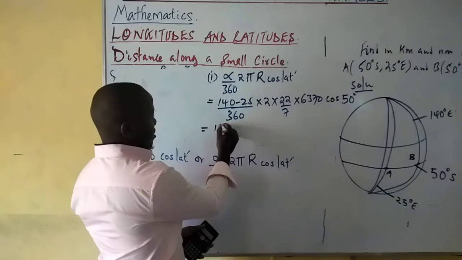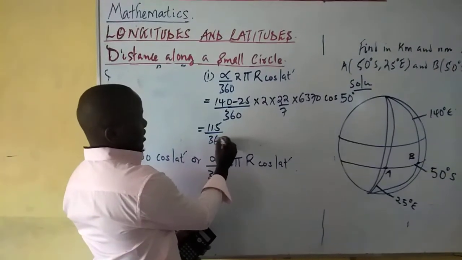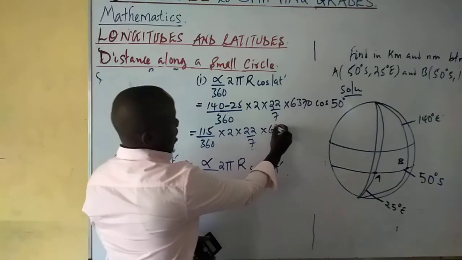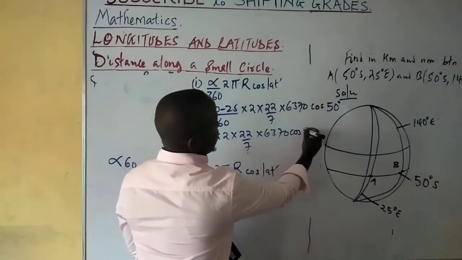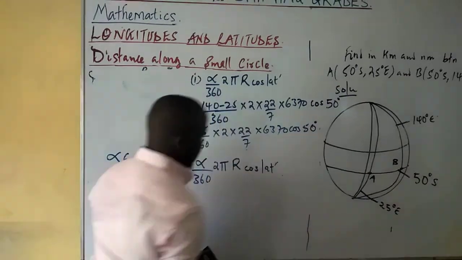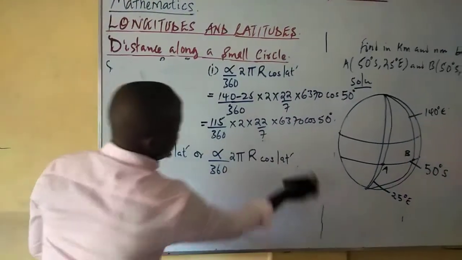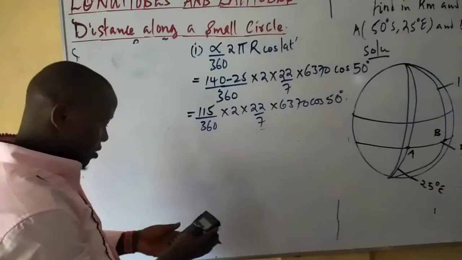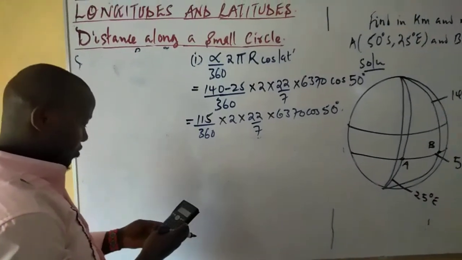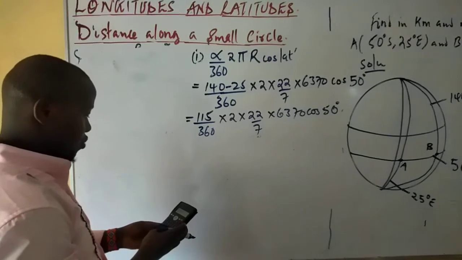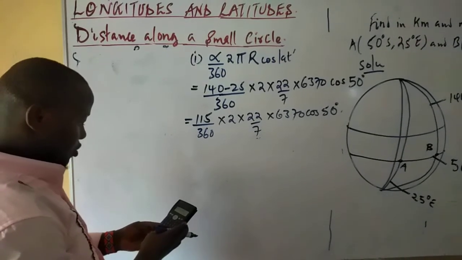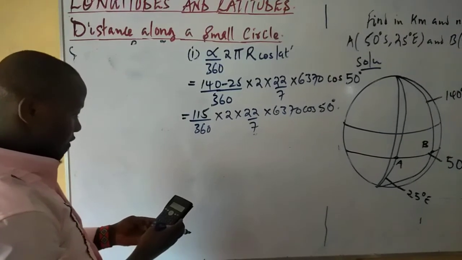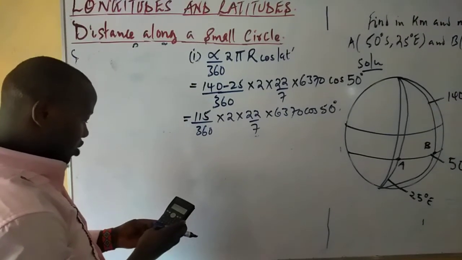So 115 all over 360 times 2 pi r cosine of latitude 50. Therefore, the distance is 115 times 2 times 22 times 6370 cosine of 50. Then we divide this by 360 times 7.